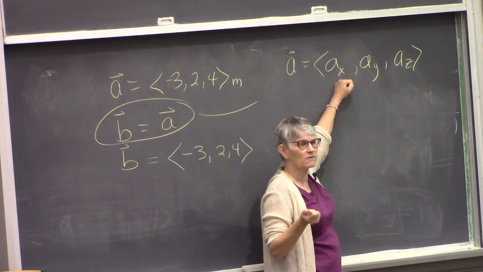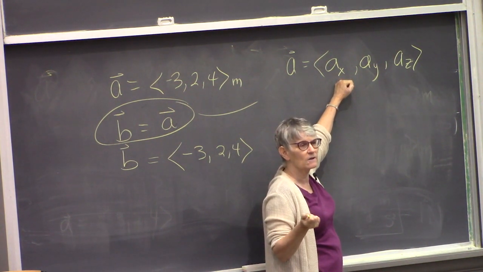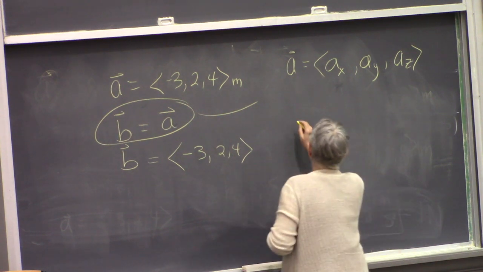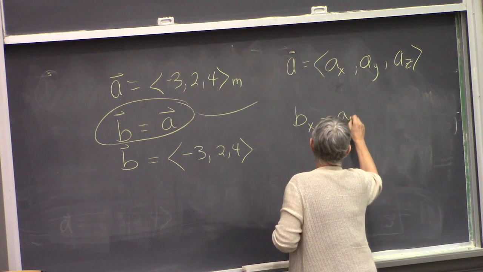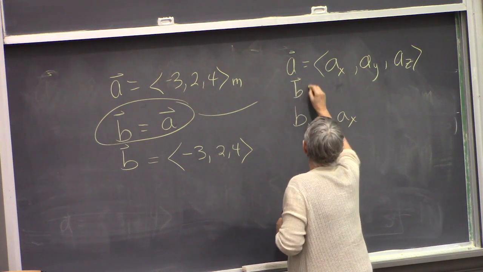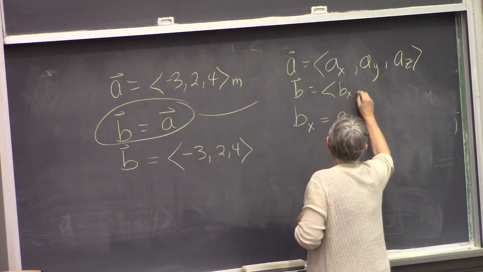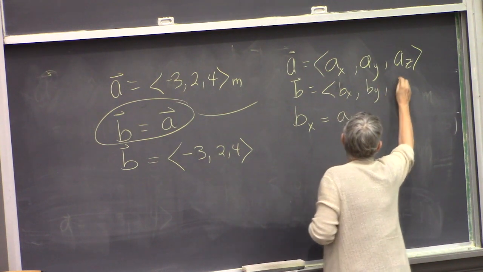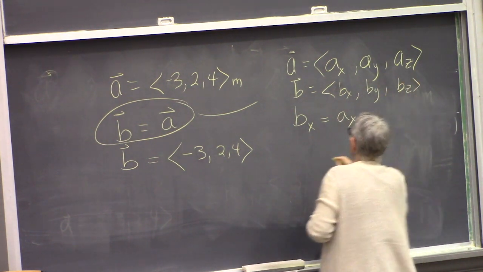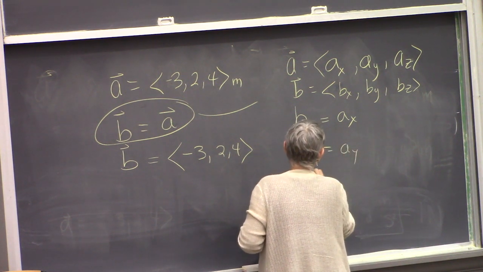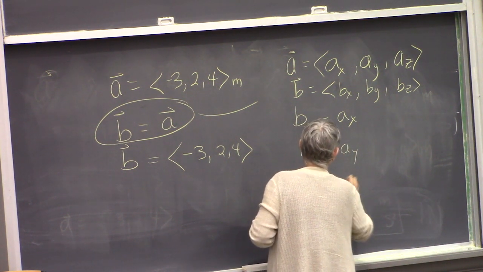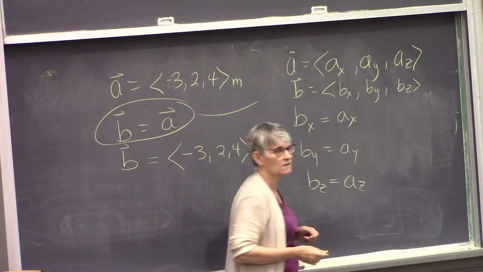And a component of a vector is not a vector, it's a scalar. That must mean that B sub x equals A sub x, B sub y is A sub y, and B sub z is A sub z.